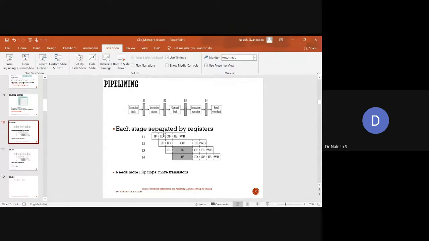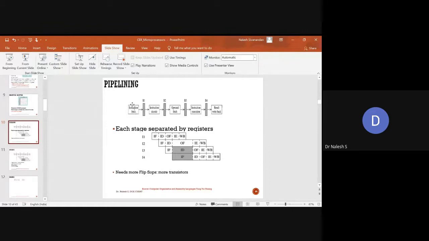Now if you see, you have instruction decode and instruction fetch both happening in parallel. Here you have operand fetch, instruction decode, and instruction fetch happening in parallel. Here we have all four of them happening in parallel. This concept is called pipelining.